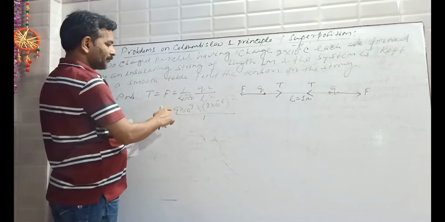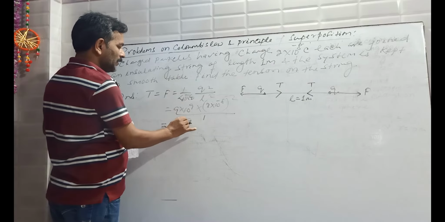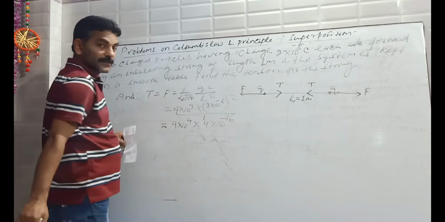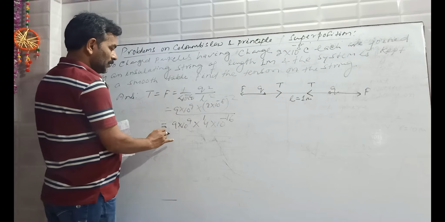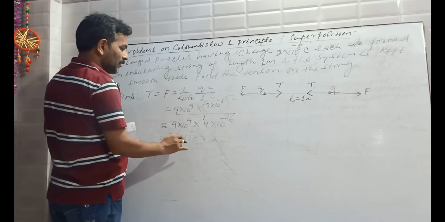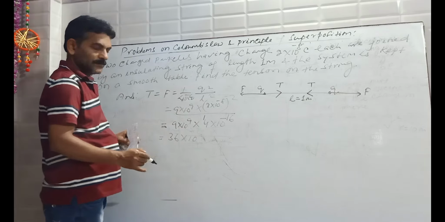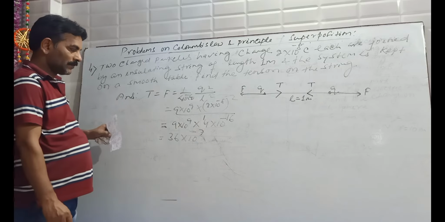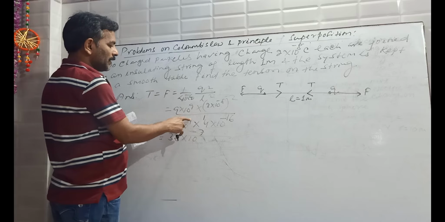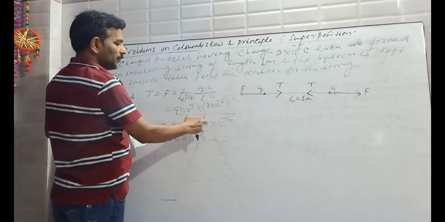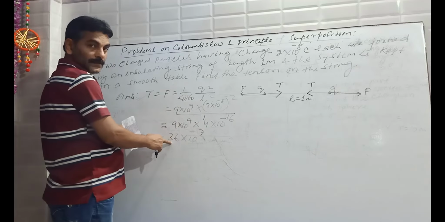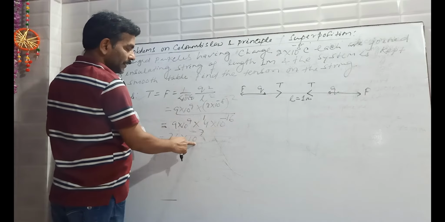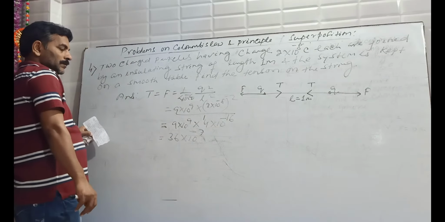So it is 9 into 10 to the power 9 times 4 into 10 to the power minus 16. 9 into 4 is 36, and the power is 10 to the minus 7.